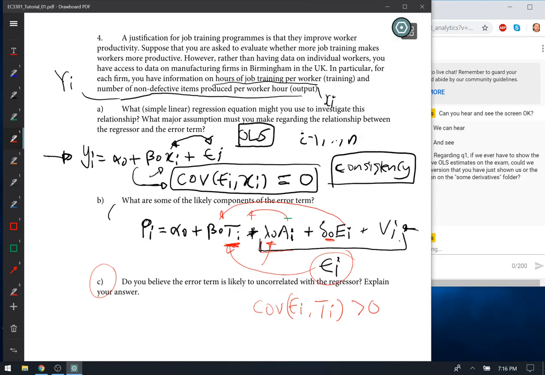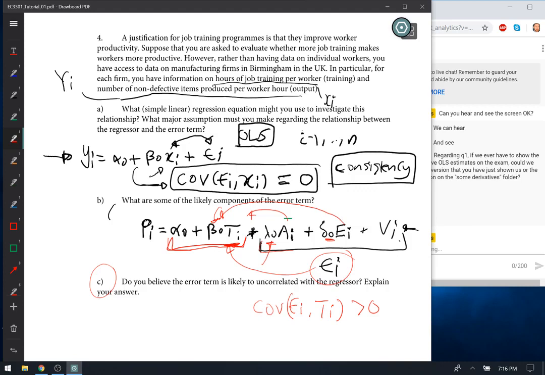Another way of saying that is if you just look at the OLS effect of training on productivity, you're going to find that when they're trained more, they're also working at better quality firms with better abilities and probably higher education levels, which means they're going to have higher productivity, not just because of the training but because of all these other factors. And if you regress just on training, it's going to pick up all of that in beta naught.